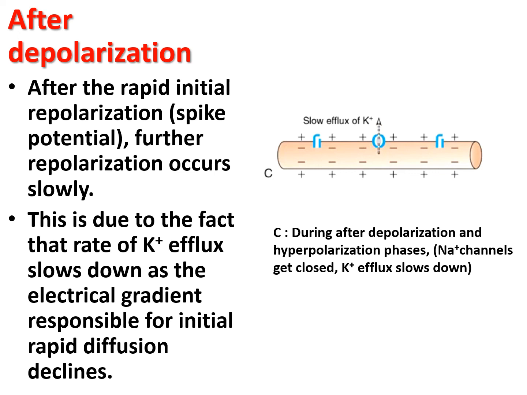This last phase of slow repolarization, due to slow efflux of potassium, is known as after depolarization. So during the after depolarization and hyperpolarization phase, the sodium channel gets closed and potassium efflux slows down.